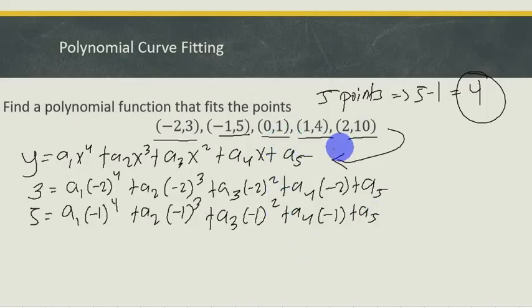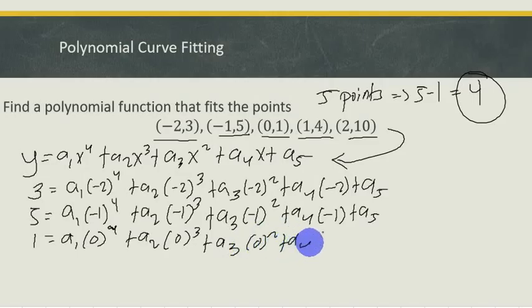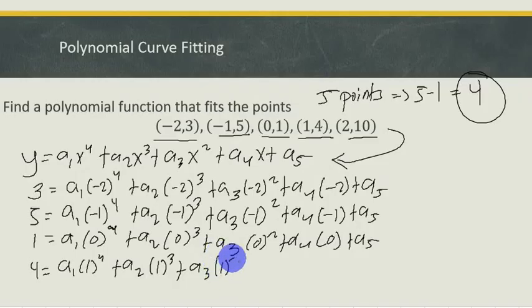Plugging in the other values as well, we'll have the following equations. So we'll have 1 equal to a sub 1 times 0 to the 4th plus a sub 2 times 0 cubed plus a sub 3 times 0 squared plus a sub 4 times 0 plus a sub 5. Then we're also going to have 4 equal to a sub 1 times 1 raised to the 4th, plus a sub 2 times 1 cubed plus a sub 3 times 1 squared plus a sub 4 times 1 plus a sub 5.